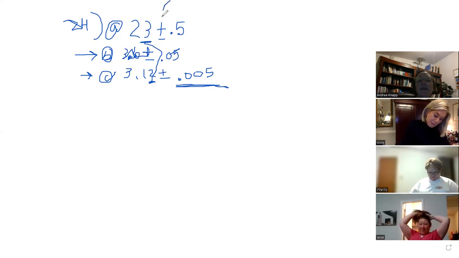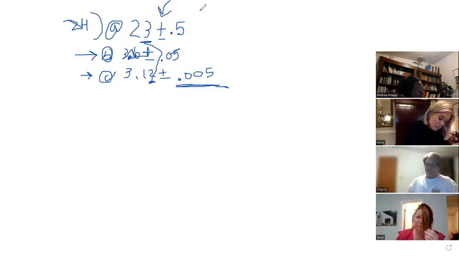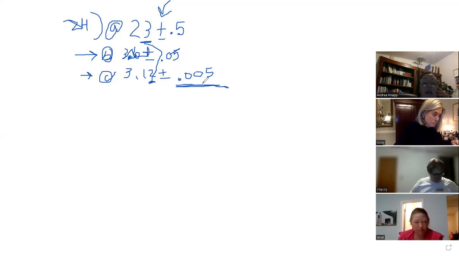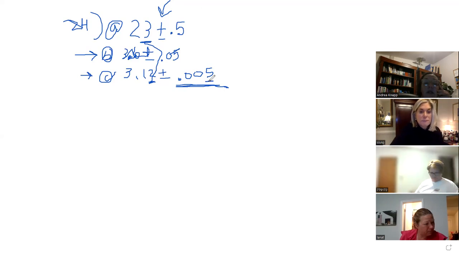The plus or minus, I said it wrong. The plus or minus gives you the range. To get the greatest, you take the plus. You're adding half of that next place value, half of the unit. So half of a hundredth would be a 5 in the thousandths place.